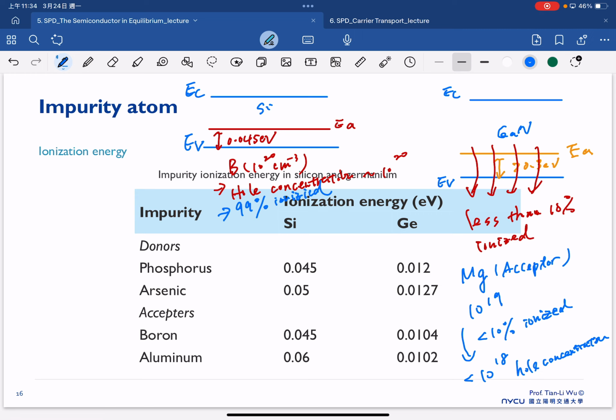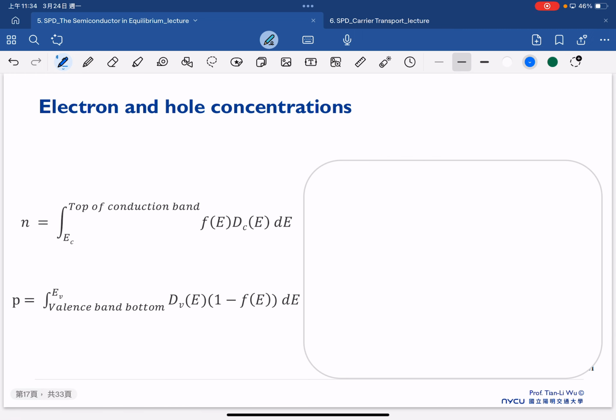Okay, so as I said, finally we understand how to use the energy level to describe the extrinsic semiconductor, and we also understand there is a Fermi energy level. But we can also use a similar drawing like we had before to calculate the electron and hole concentration here.